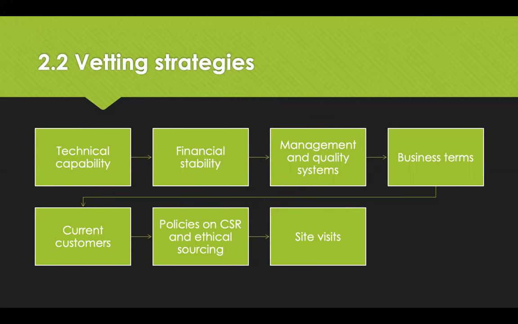Try and get feedback from past and current customers and seek references. Look at their policies on corporate social responsibility and ethical sourcing. It is important to check what policies they have and making sure they're robust. And the final vetting strategy might be to conduct a site visit, which can produce first-hand knowledge of how they do business and how they maintain their site.